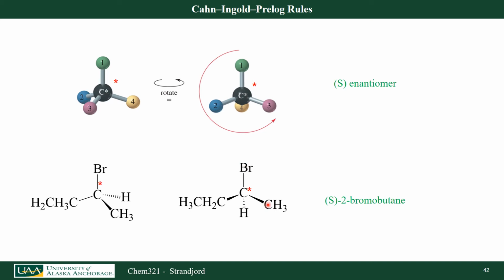So I've literally assigned priorities to those groups. That's counterclockwise, so that would be the S enantiomer or the S stereoisomer. Notice I've added the S out in front of the name here to distinguish it from the R stereoisomer. So (S)-2-bromobutane.